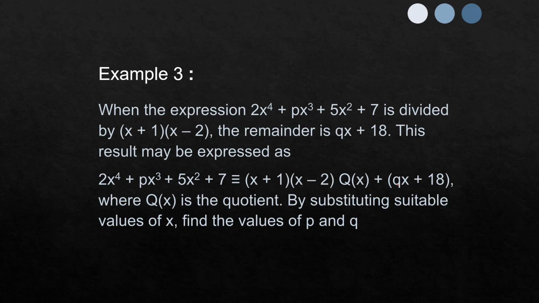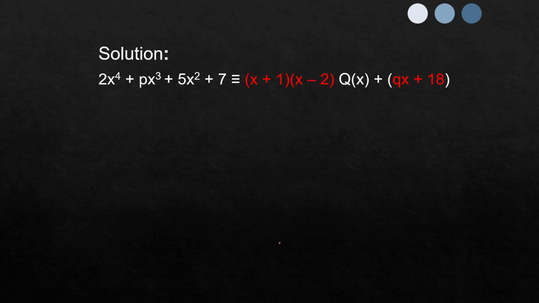To find the two unknowns p and q, we will use two simultaneous equations. What x should be substituted here? For f(x) = d(x)q(x) + r, we can substitute two values.